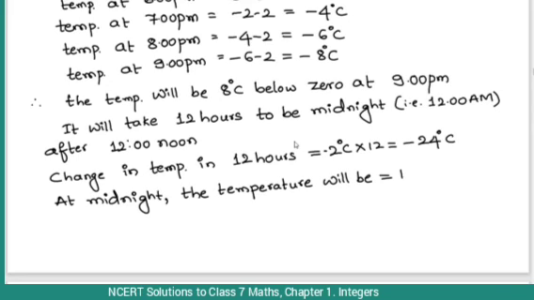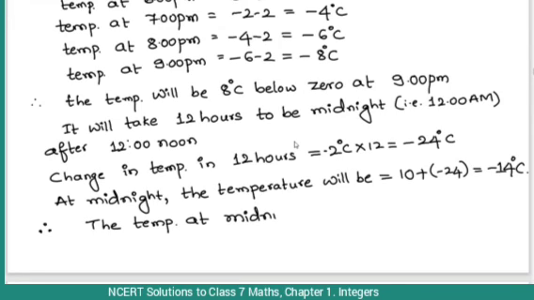Here 10 plus minus 24, that is minus 14 degrees Celsius. Therefore, the temperature at midnight will be 14 degrees Celsius below 0. Minus 14 degrees Celsius can be written as 14 degrees Celsius below 0.